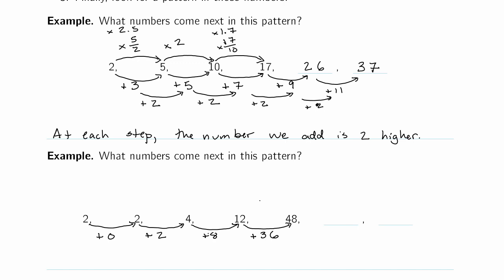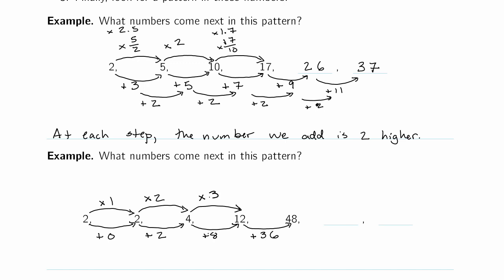Next, we want to look at what we're multiplying by. Well, to go from 2 to 2, we multiply by 1. And then to go from 2 to 4, we multiply by 2. To go from 4 to 12, 12 divided by 4 is 3.